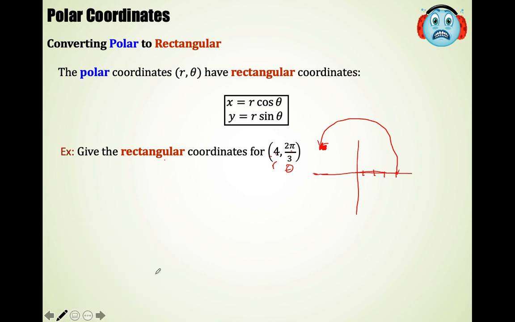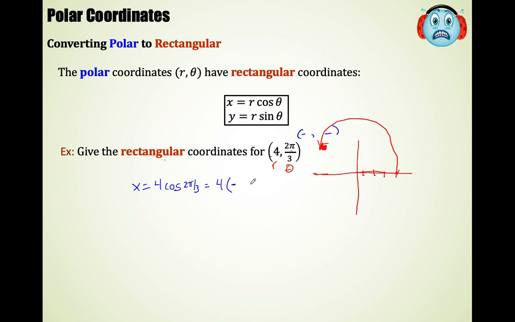But I want to know what that same point is in rectangular land, what are its coordinates? I expect a negative x and a positive y, right? So what do we get here? X is equal to my radius times cosine of theta. Cosine of 2 pi over 3 is what? Certainly negative because you're in the second quadrant.